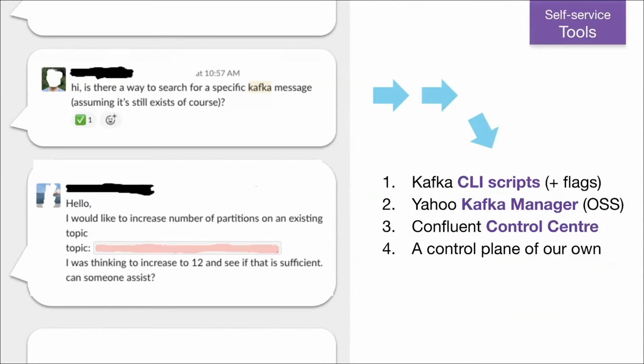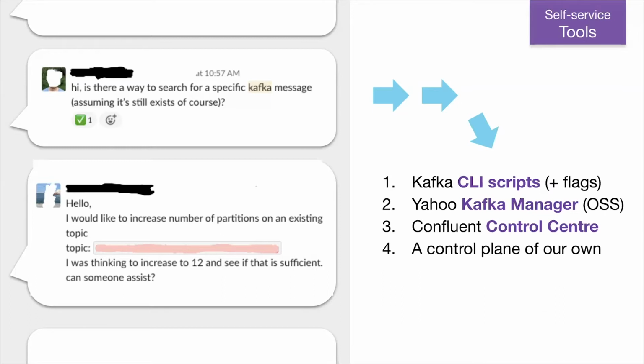And in terms of tooling, of course, there are the Kafka CLI scripts, with which you can consume messages and configure topics. But for our users, our developers, it's quite difficult to get acquainted with them each time and remember the flags that they need, and they need to install these scripts on their local machine.